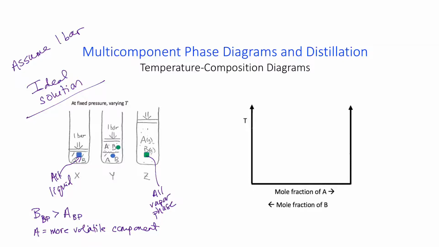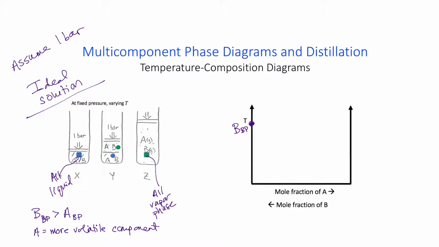Okay, so first thing we want to do is to get a relative sense of the boiling points for the different components in our solution. So we've already said that the boiling point for B is going to be higher. So we're going to start up here. We'll say that that is our boiling point for B, and we know that A has a lower boiling point.